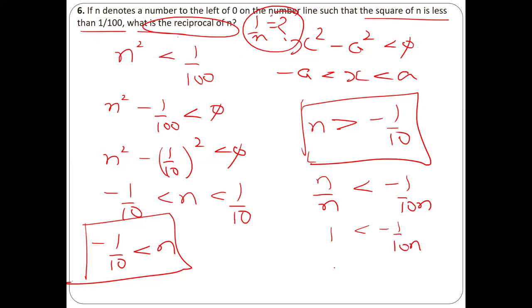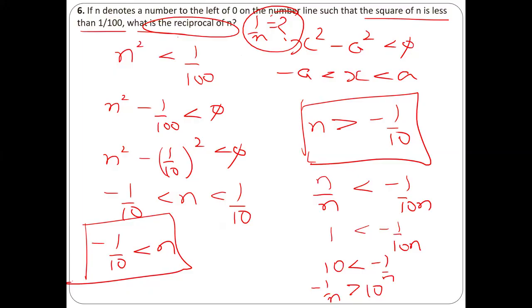Correct? Now what can I do? Multiply both sides by 10. And since it's a positive number, the inequality sign will not flip, right? So 10 is lesser than -1 by n, which means -1 by n is greater than 10, correct? And now what do I do finally?